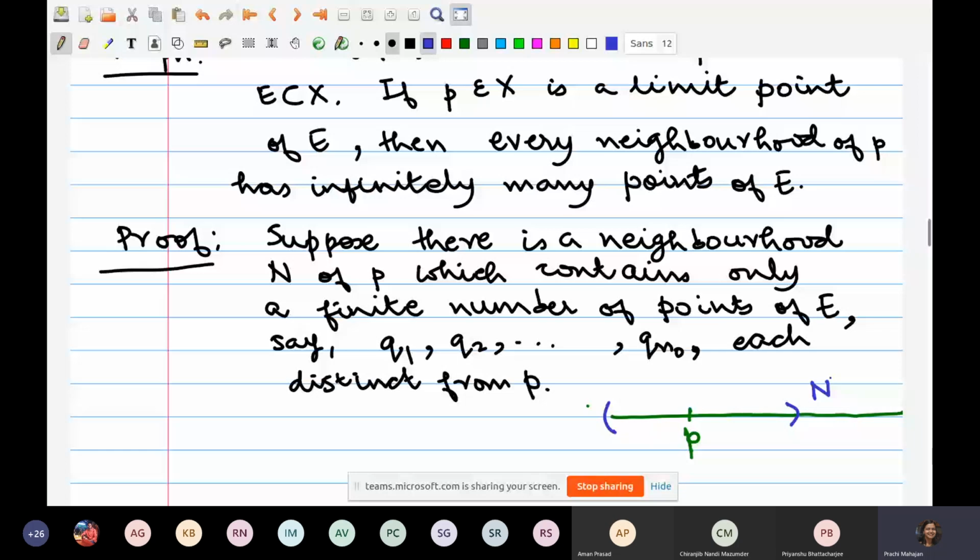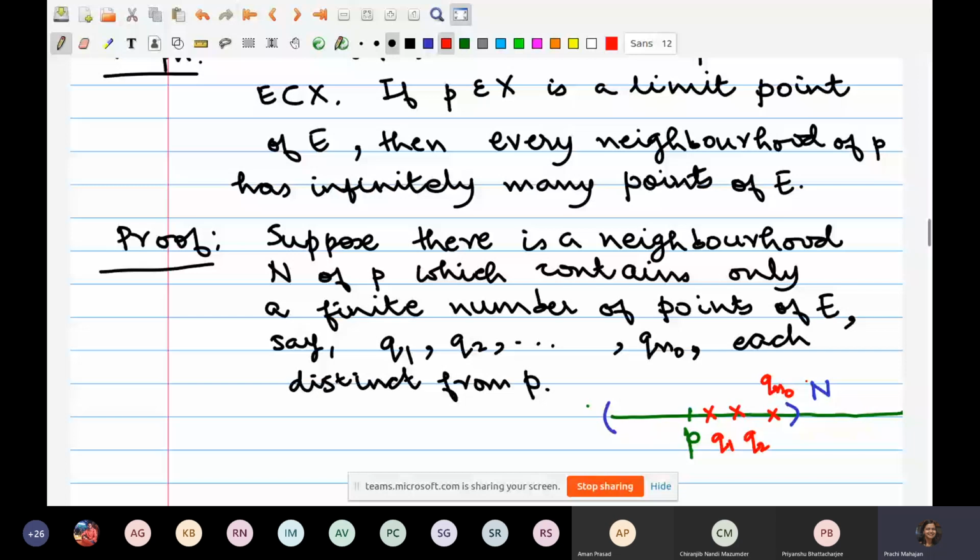And we are saying that there are finitely many points. So these points are Q1, Q2, and let's say this one is the point Qn0. There are only finitely many points of the set E in this neighborhood N of the point P.